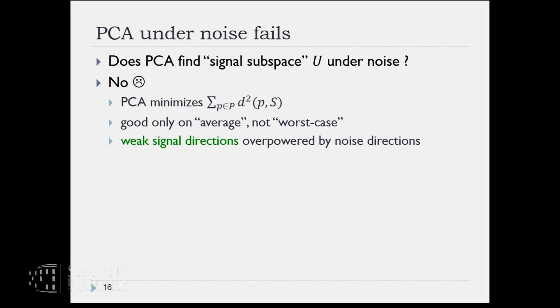Like, n points go in k over 2 directions, and square root of n points use another k over 2 directions, uniformly or whatever. Square root of n points are going to give you much less contribution to this SVD than the n points. The total is basically n points. So you're not going to see them, and they're going to be overtaken by the noise. The noise is going to give something already bigger.